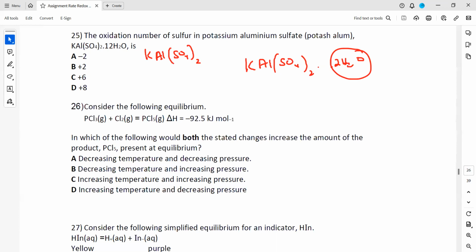And we need to find what should be the oxidation number of sulfur. So how to do this question?